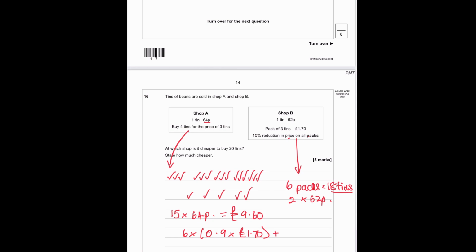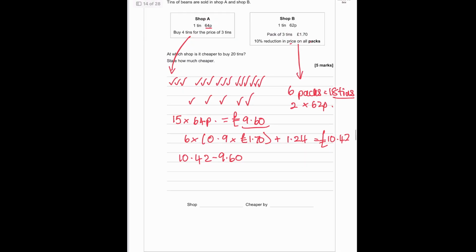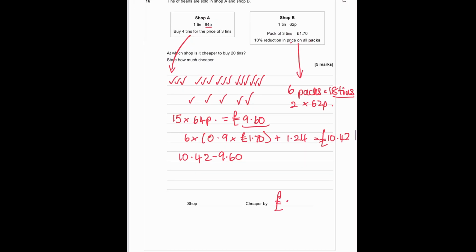And then we add 2 lots of 62, which is £1.24. That's going to give me a total of £10.42. So this one is cheaper. How much? £10.42 take away £9.60 gives me an answer of £0.82. So shop A is cheaper.